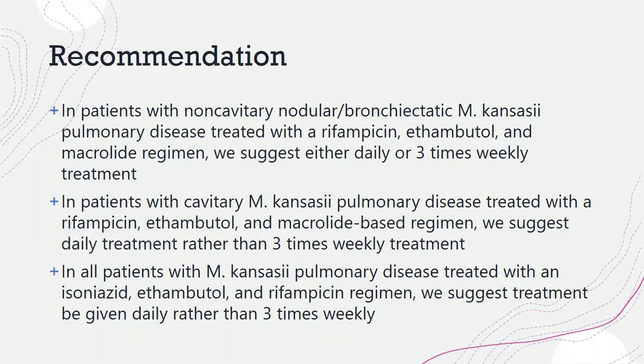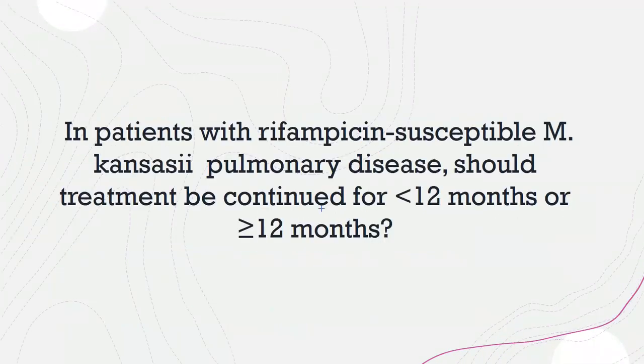If you have cavitary disease, they usually want to sway you towards using daily treatment versus 3 times weekly treatment. And in patients who have rifampin-resistant disease, you want to add a fluoroquinolone as second-line therapy. How long do you treat these patients?